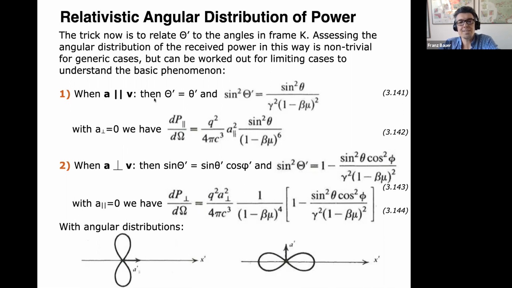And so in this case, this thing is just equal to theta, and then the transform of this, sine squared theta prime, is equal to sine squared theta divided by this thing here. And this just comes from the transform of theta from theta prime to theta.